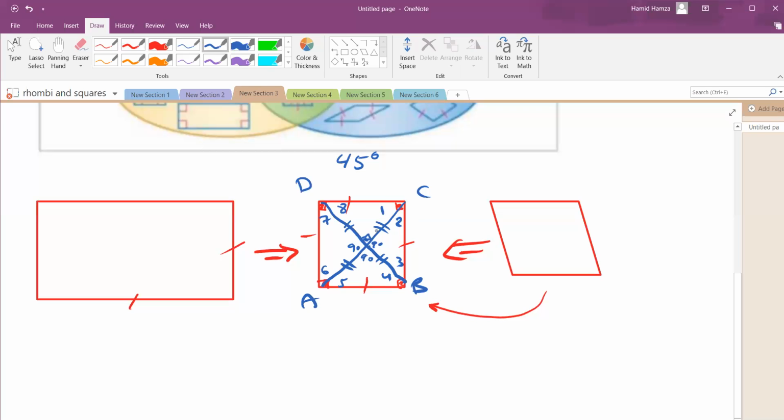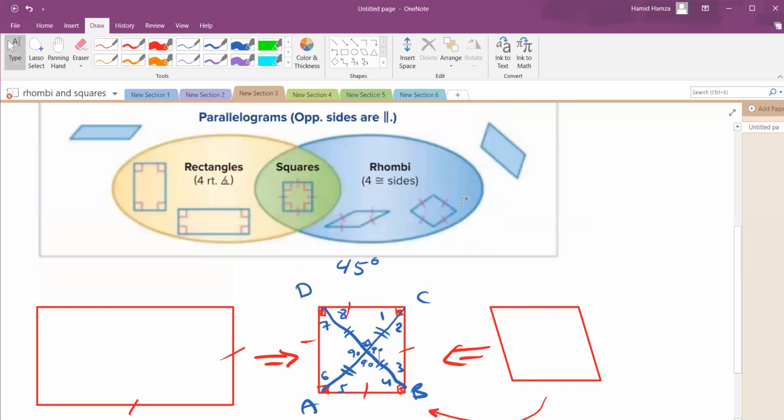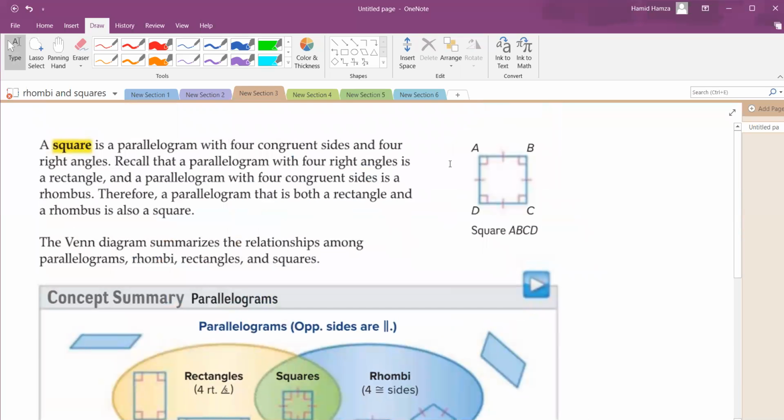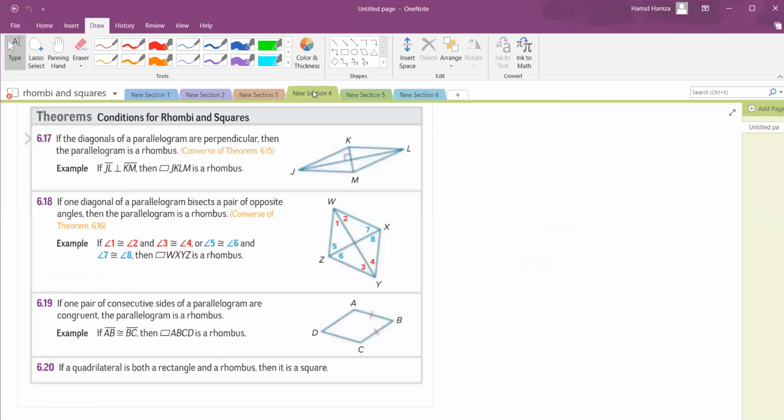So this is the property of a square, guys. Any question, guys? No, thank you. Okay, guys.